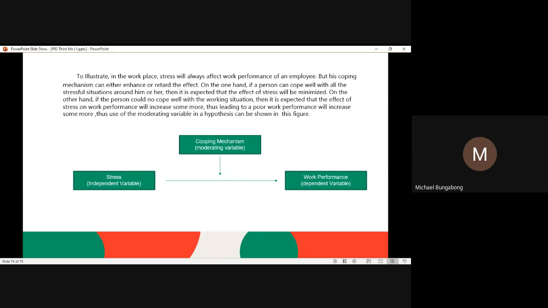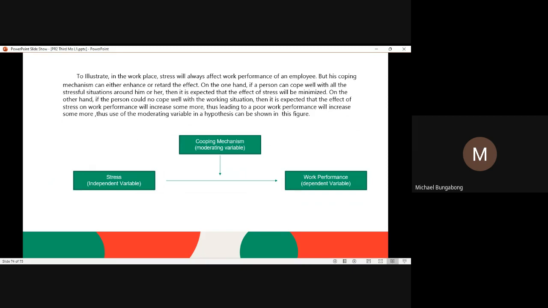So, in that particular aspect, it is expected that the effect of the stress on work performance will increase kasi walang nakaka-cope up, 'di ba, class? Sabihin natin kung madali ang empleyado maka-cope up sa stress, then therefore, wala masyadong burden sa side ng isang organization. But of course, ang pinag-uusapan natin dito hindi nakaka-cope up lahat, no? With that particular situations.